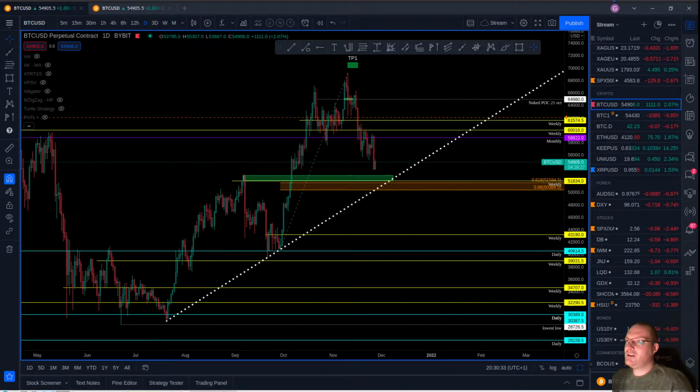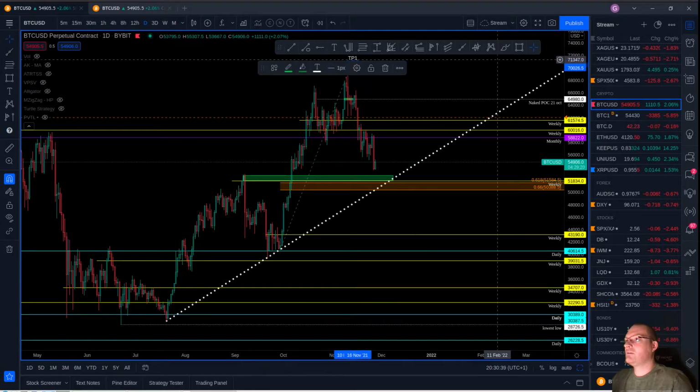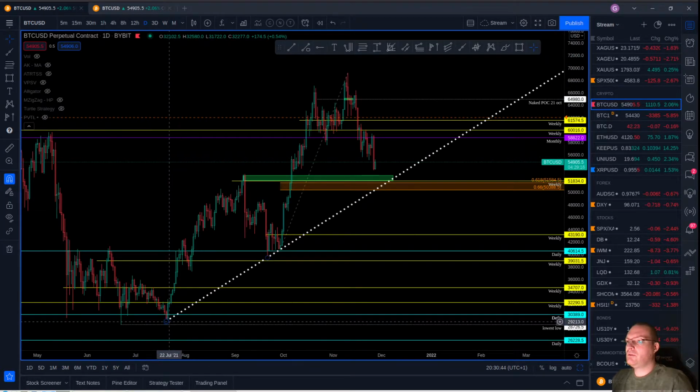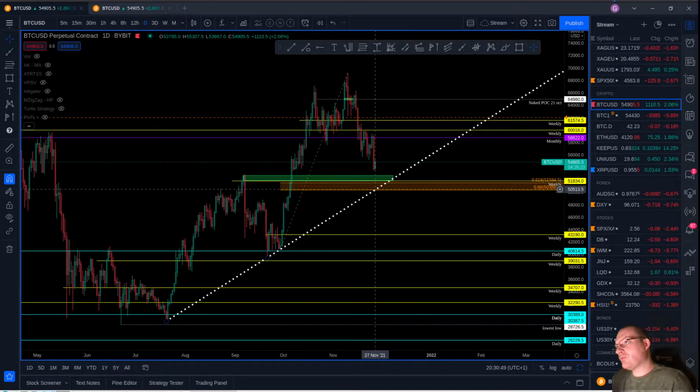So regarding the trend, we are still fine. I think this can be removed. If we take this low and we connect this low, then we are still fine. So this is also a confluence on Monday.